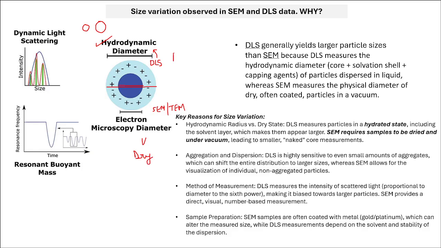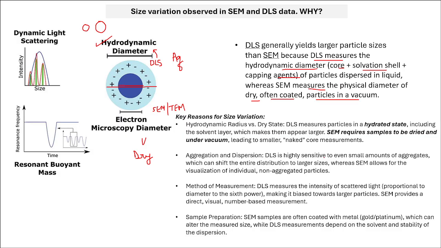This is in the dry state, but DLS is done in the aqueous state. So DLS generally yields larger particle sizes than SEM, because DLS measures the hydrodynamic diameter, which includes the core, solvation shell, and capping agents of particles dispersed in liquid, whereas scanning electron microscopy measures the physical diameter of dry, often coated particles in vacuum.